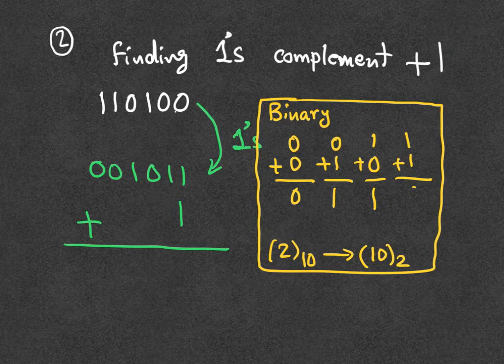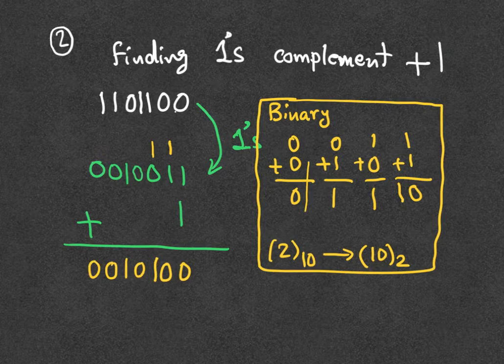So you get 0, and then 1 is the carry. So remember, 1 plus 1 in binary is 0 with a carry. So here you get 0 as the answer of this summation, and then 1 goes to carry, you get 0, and then 1, 1, 0, 1, 0, 0. If you compare this with the result we computed in the first method, you can see that we get the same answer. Okay, that's it. So this is 2's complement for binary numbers.